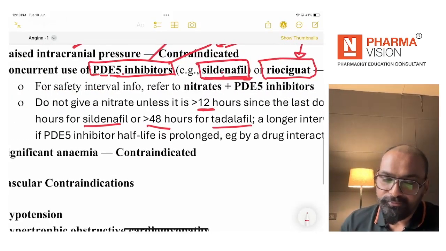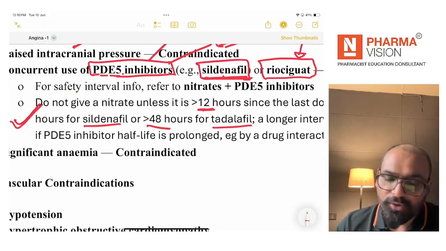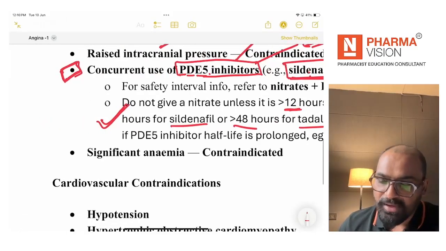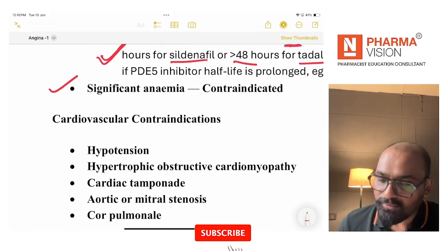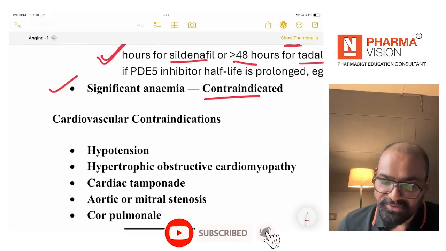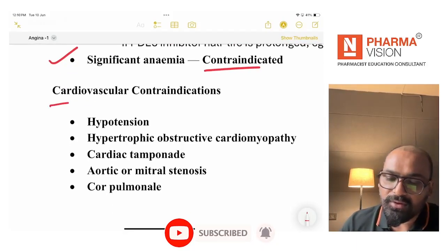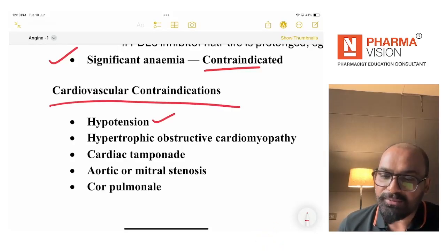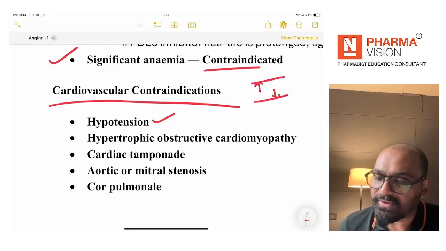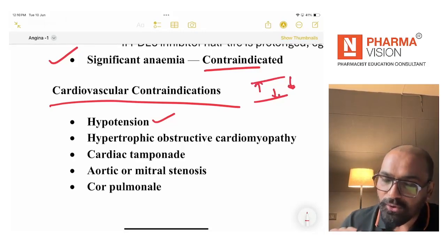Okay, so this is a very, very important point from your exam point of view. If there is significant anemia, we also have to avoid this medication. Cardiovascular contraindication: the patient is suffering from hypotension, because this medication, nitrates, can cause vasodilation and that further reduces the blood pressure, so the hypotension gets worse.